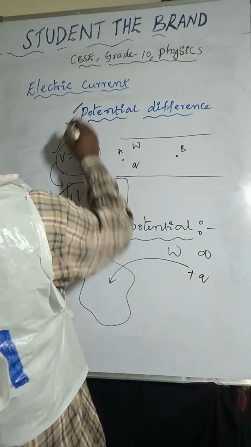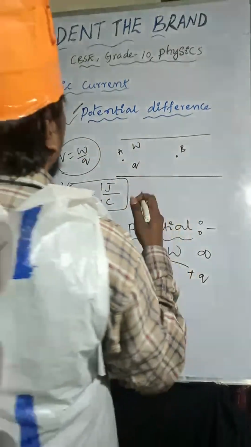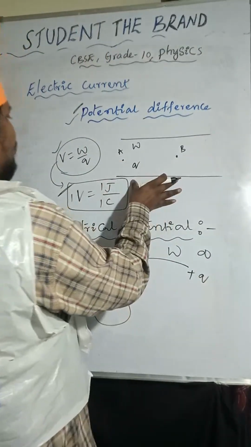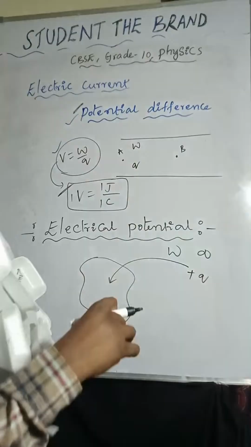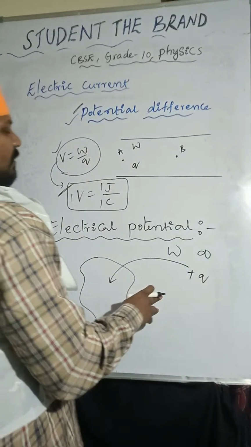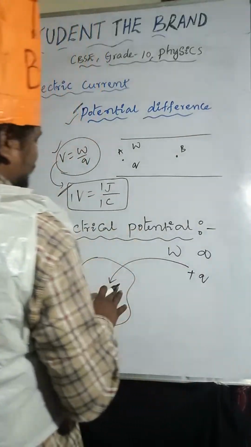So potential difference is nothing but work done to bring unit positive charge from one point to another point within the conductor. That is called potential difference. Coming to electrical potential, work done to bring unit positive charge from infinity to the required field.